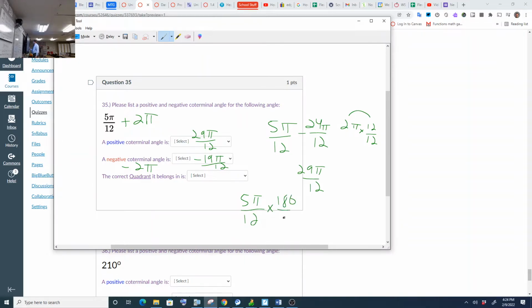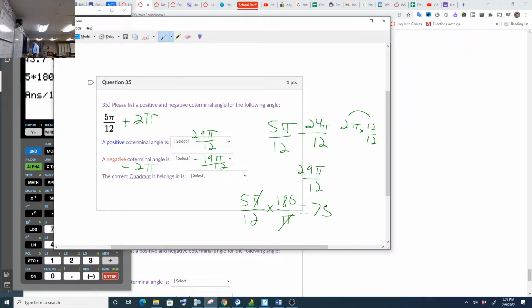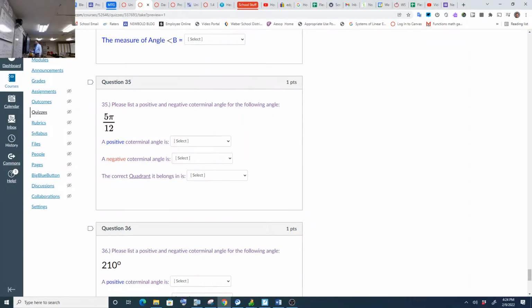So multiply by 180 over pi, so our pi's are going to cancel. And then do 5 times 180 divided by 12. Oh, it's just 75 degrees, which is in the first quadrant. Beautiful. So that's just in the first quadrant. Nice, nice.